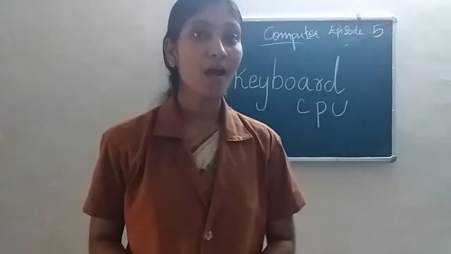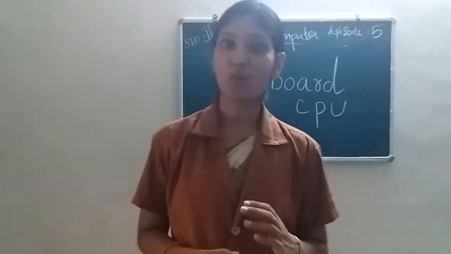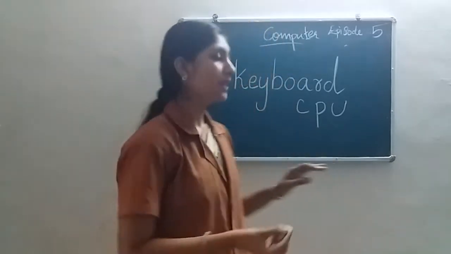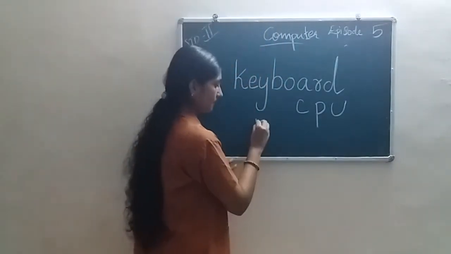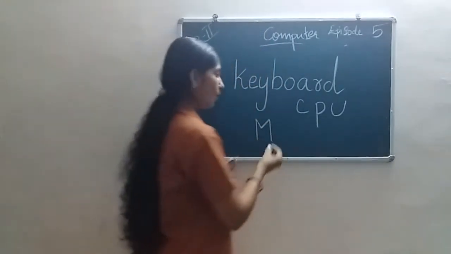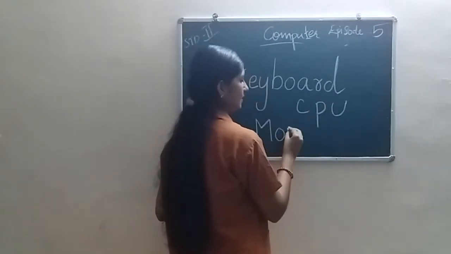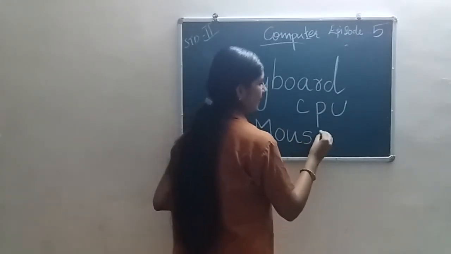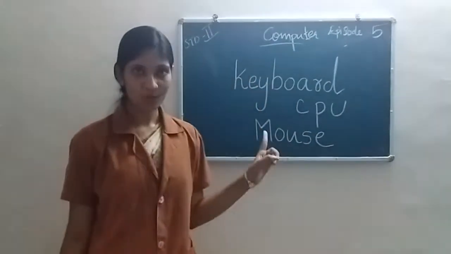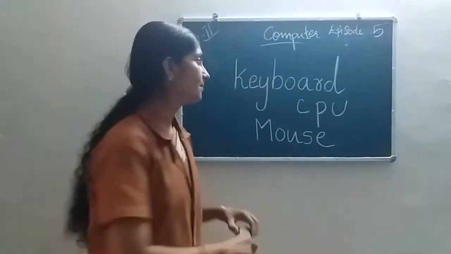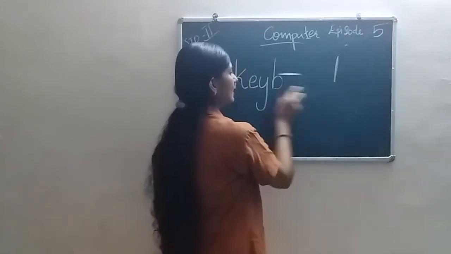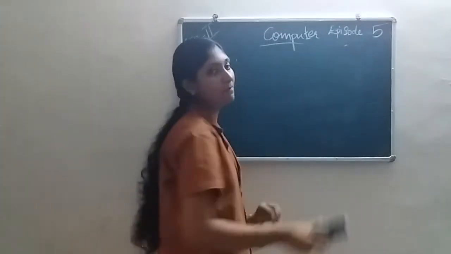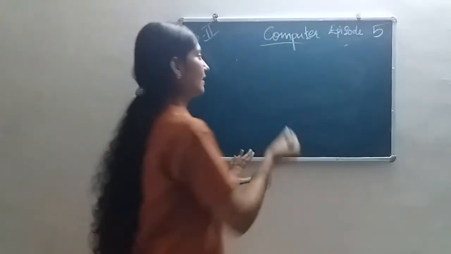Then next is mouse. Can you tell me the spelling of mouse? M, O, U, S, E. Mouse. Next, monitor, keyboard, CPU, mouse and speaker.